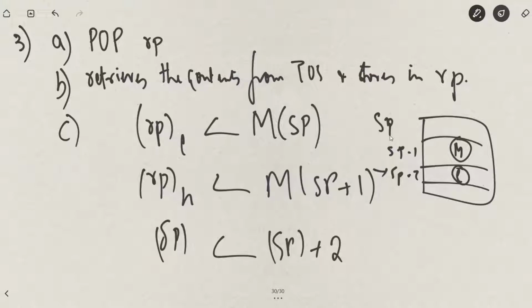And during this process, what else will happen? The stack pointer will start pointing back to this original memory location, that's SP. Rest of the things will be the same. It will be single byte. There will be 3 machine cycles.